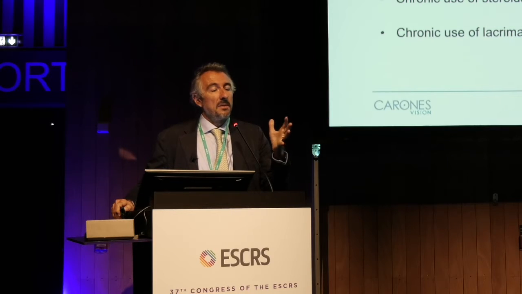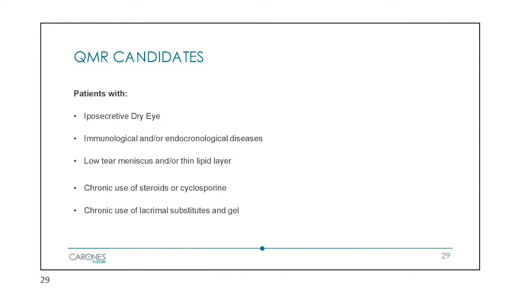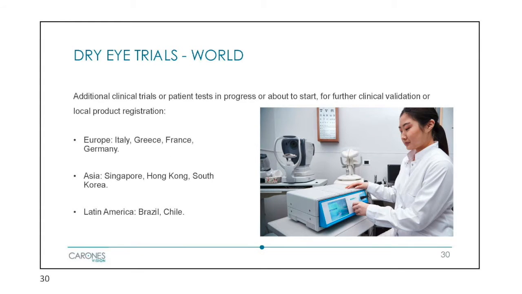So I think that the QMR candidates are patients with hyposecretive dry eye. Hyposecretive means, as I told you, lacrimal gland dysfunction, but also meibomian gland dysfunction, so you can treat both kinds of dry eye disease.